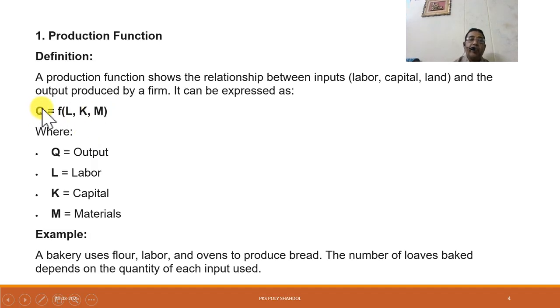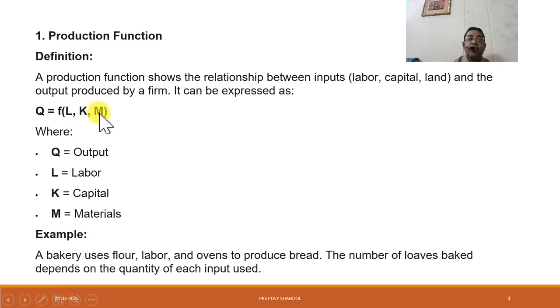Actually this Q is the production function expressed as a function. Suppose Q is the output, and this output Q depends on what factors?